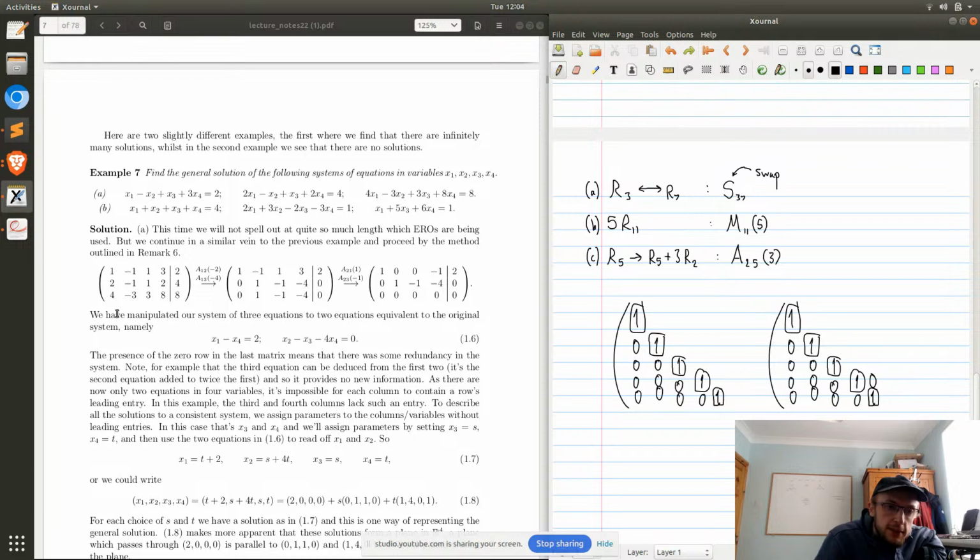But the point is, they've manipulated the system of 3 equations to 2 equations equivalent to the original system. Namely these. The presence of the 0 in the last matrix means that there was some redundancy in the system.